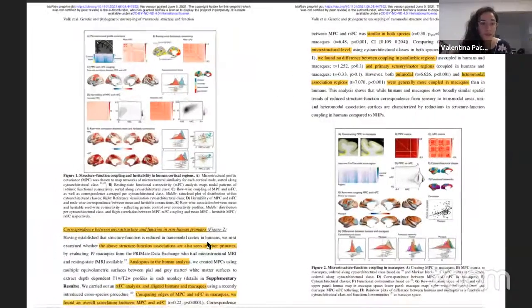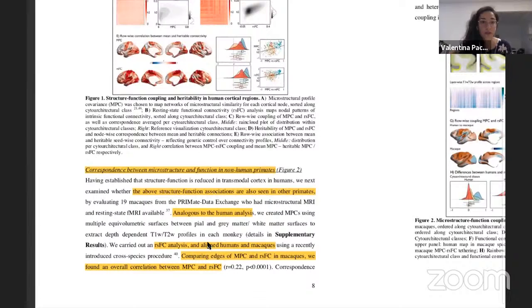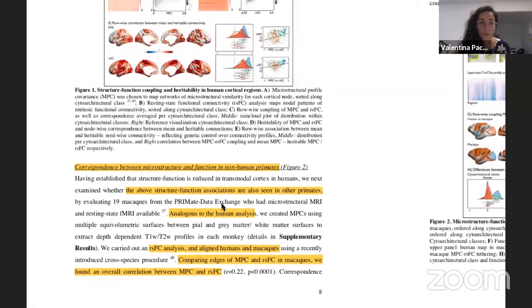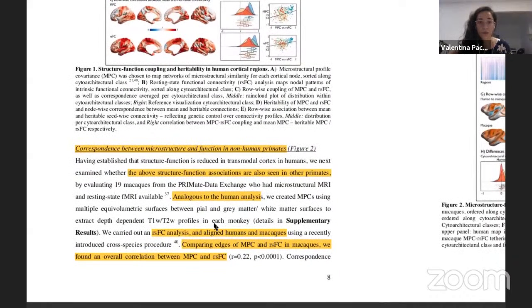So in a further step, the authors looked at the correspondence between structure and function in non-human primates. They used the primate data exchange repository, and they computed the structural matrices similarly to the approach used for humans.